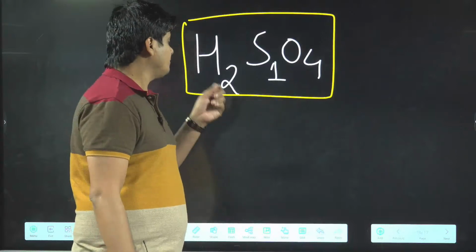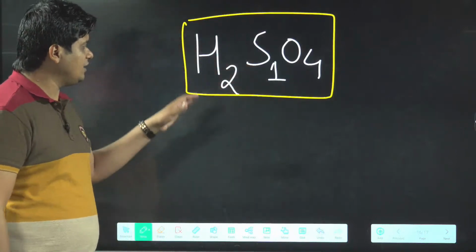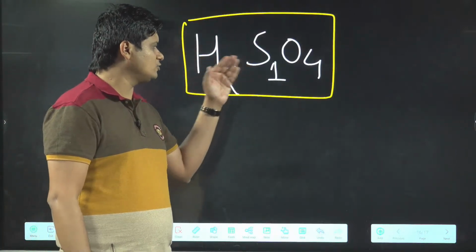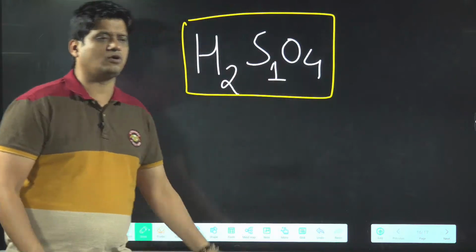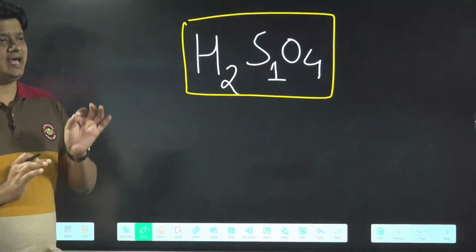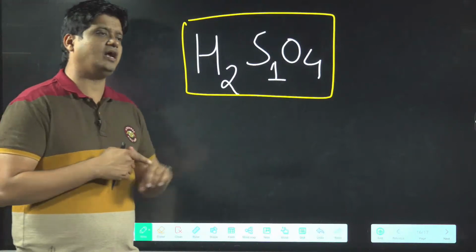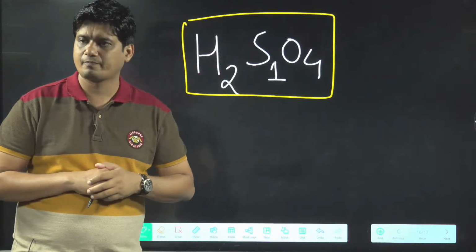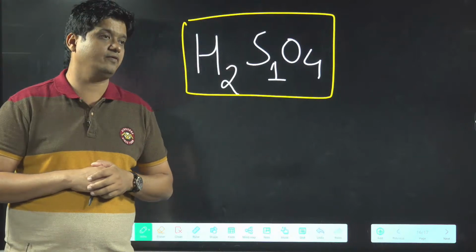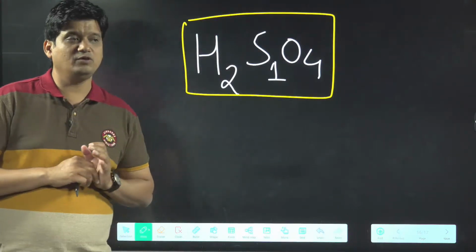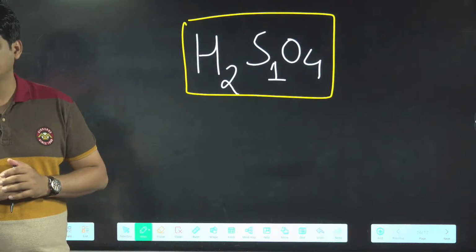So the given numbers in a formula like 2 for hydrogen, 1 for sulfur, and 4 for oxygen can be directly used in terms of number and mole only. Please be careful. I am giving you a very important concept.